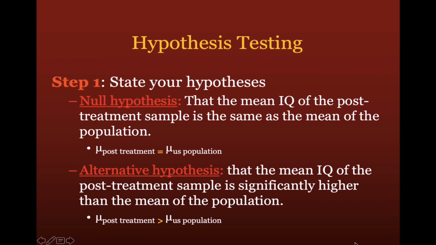It may not be exactly 100 because there'll be some measurement error involved, but it'll be relatively close to 100. So the mean for our sample is equal to the mean for the population. The alternative is that those who take the pill will have higher IQ than those in the population, which would indicate that the pill actually improved their performance or improved their cognitive function.